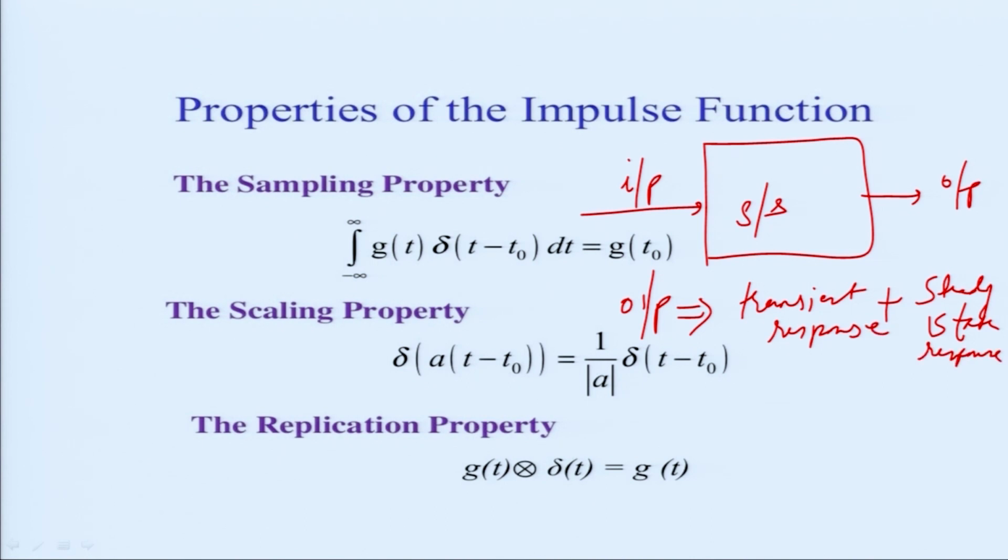The transient response is due to the system properties, and the steady state response is basically due to the type of signal.